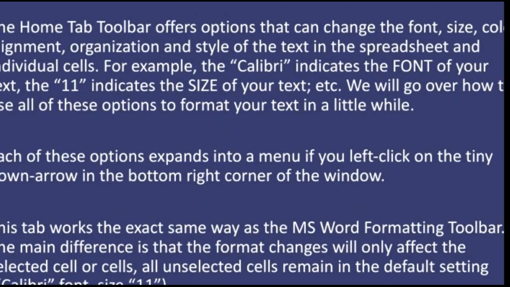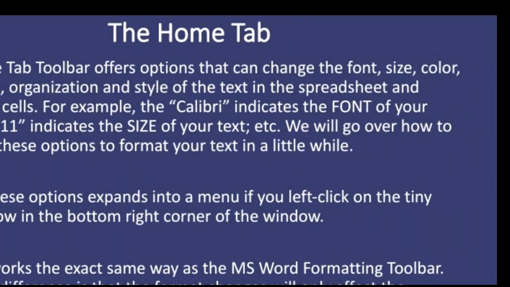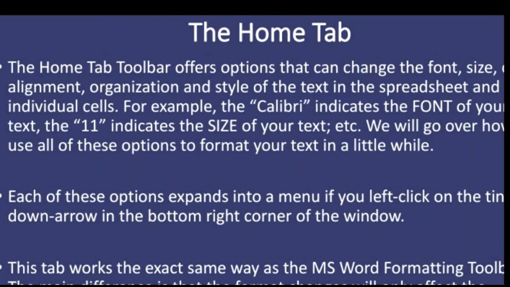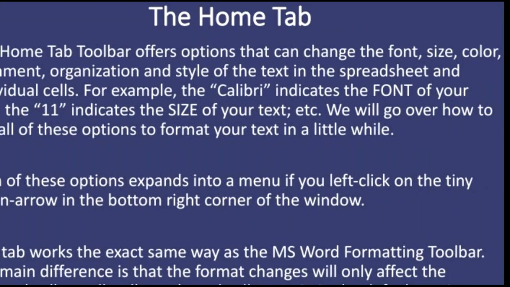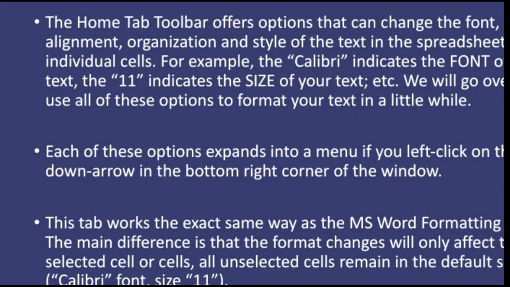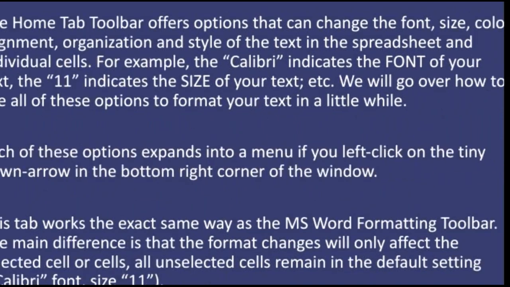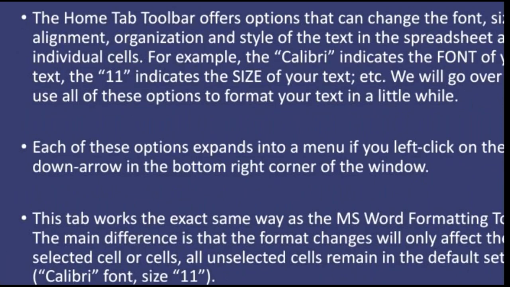Now the home tab toolbar offers options that can change the font size, color, alignment, organization and style of the text in the spreadsheet and individual cells. For example, when you open it, the Calibri indicates the font of your text, and the 11 indicates the size of your text.